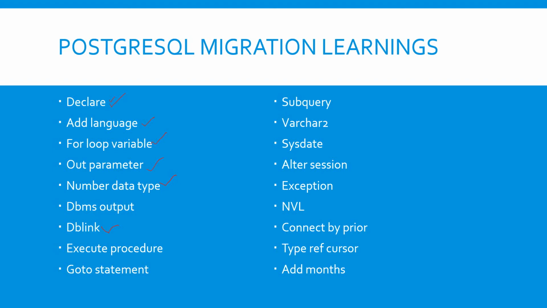And execute procedure: in Oracle, we can directly use begin and end inside the procedure, or exec procedure name. But here it is different. For procedure execution, we directly need to call the procedure, and for a function we need to use select or perform.